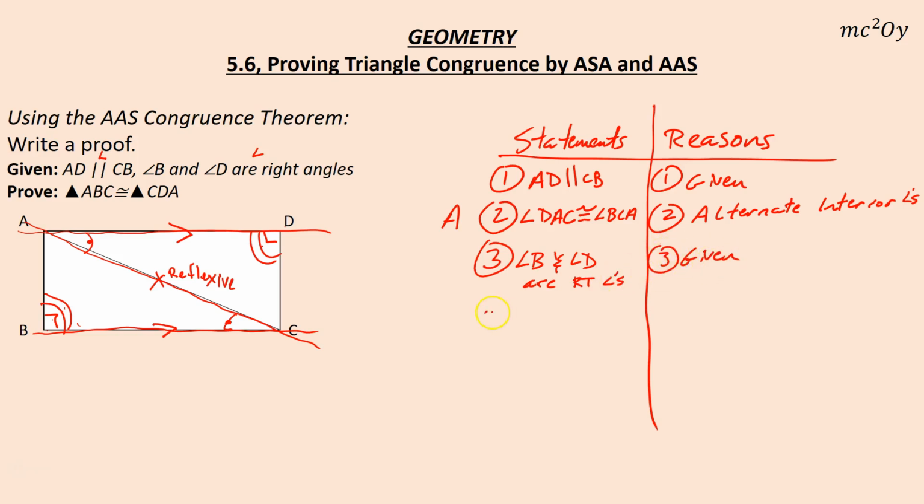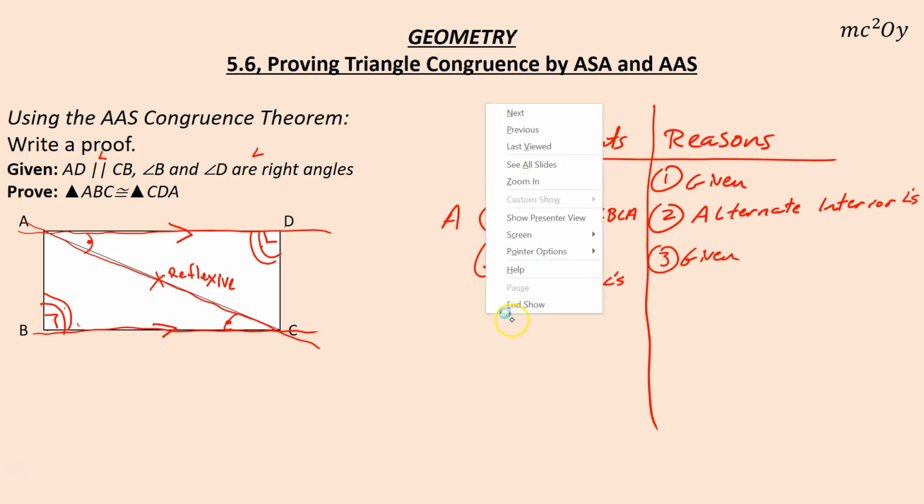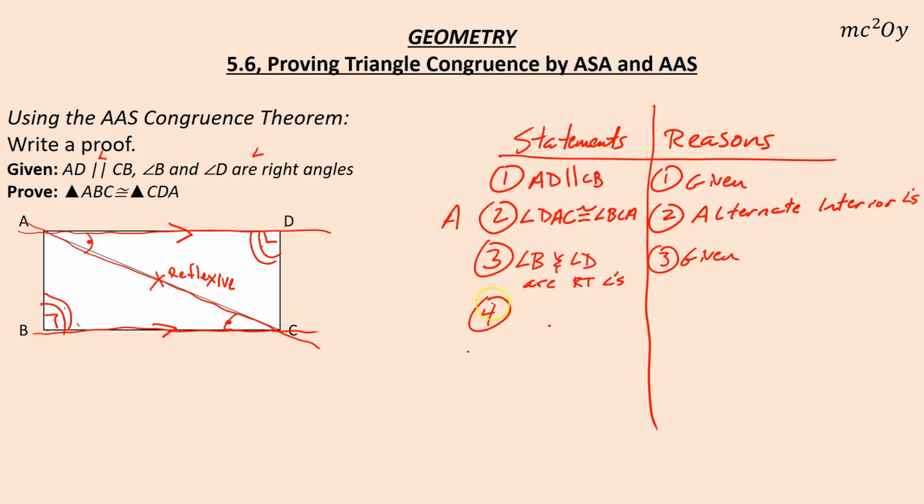But that given allows me then to state number 4, which is angle B is congruent to angle D because all right angles are congruent, or the right angle congruence theorem. That is my other angle.